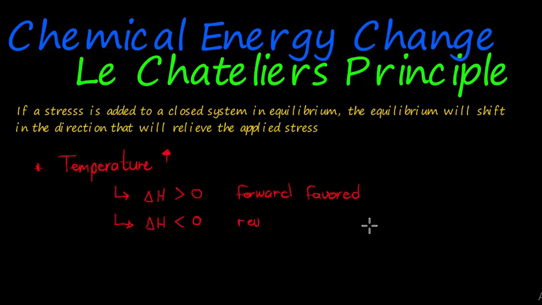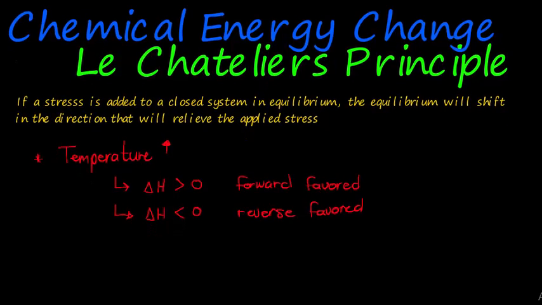So if I add more products into the system, I will favor the amount of successful collisions that can occur in the products, which will create more reactants. So that would favor the reverse reaction. Okay, I just wanted to summarize it here.